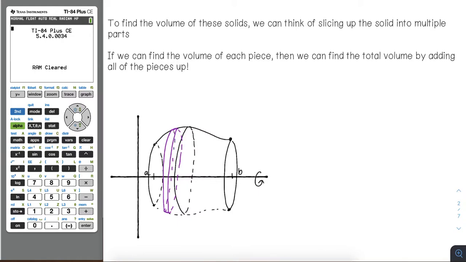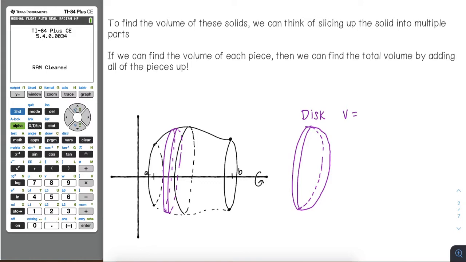If we slice it up, we're going to slice it into discs. Please ignore how bad my three-dimensional drawing is. If we're taking different slices of this, we are taking different discs throughout this thing. We can find the volume of a disc fairly easily.